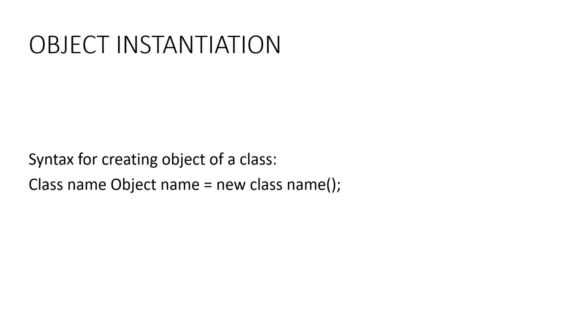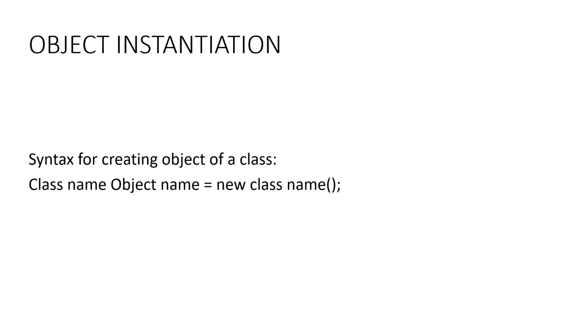Then the object name is the name of the object. The new represents a call to initialize the object. So this is the syntax for creating objects of the class. And all these are done by the constructor, which we'll still talk about as we move on.